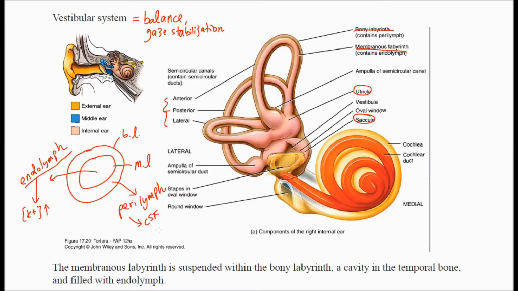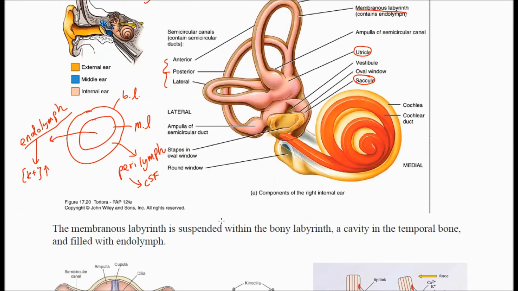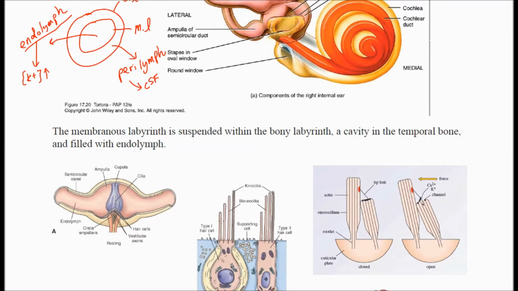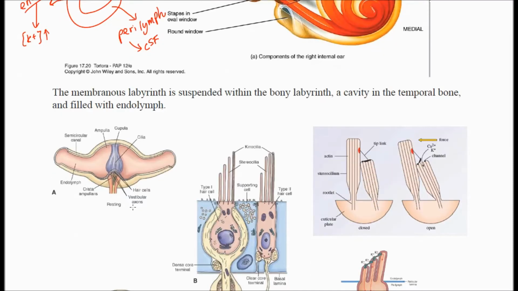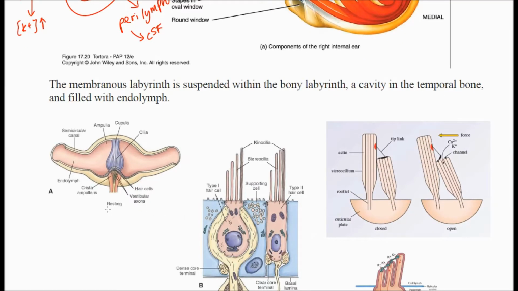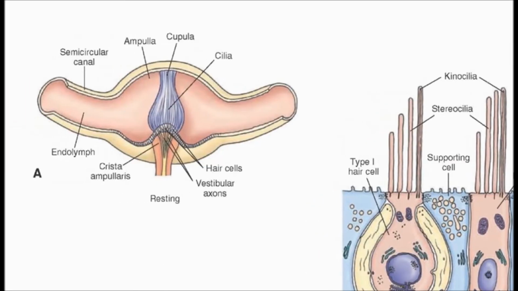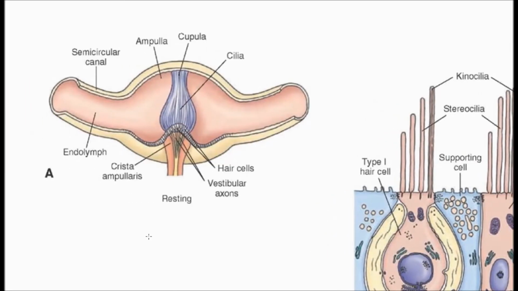So let's have a look at the sensory organs of each of those 5 vestibular structures. Let's start with the semicircular canal. The sensory organ in the semicircular canal is known as the crista ampullaris.